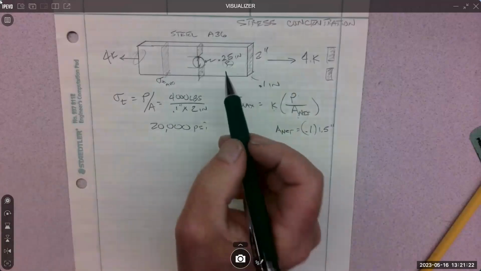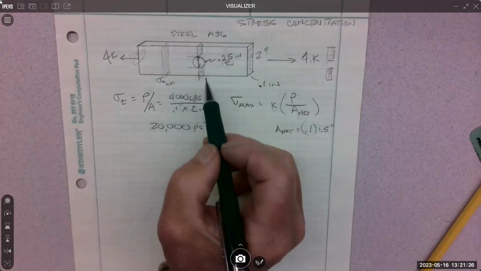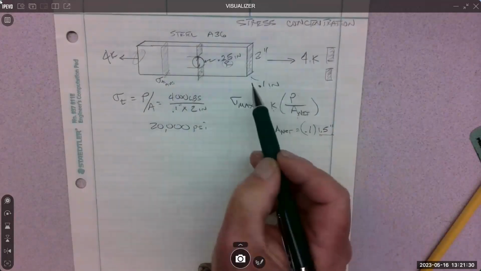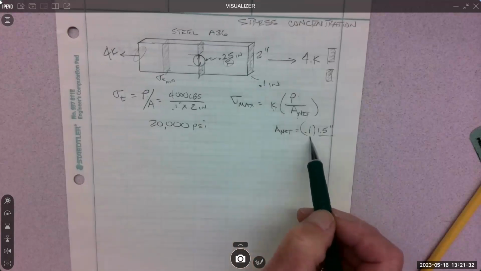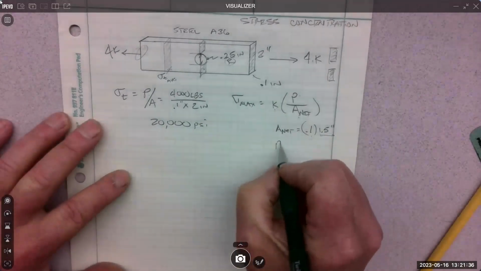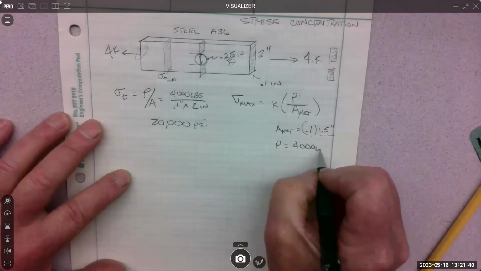Right, because I had an R next to it for radius. So it's a 1/2 inch diameter. Take a half away from the 2, you get 1.5. Still 0.1 thick, so that's area net. P is still P, 4,000 pounds.